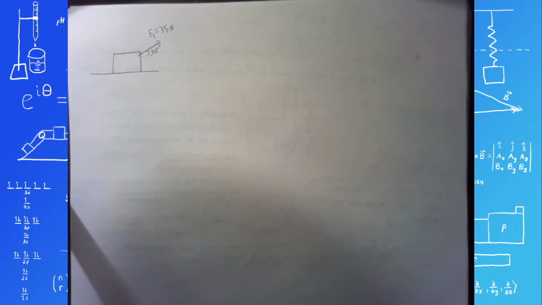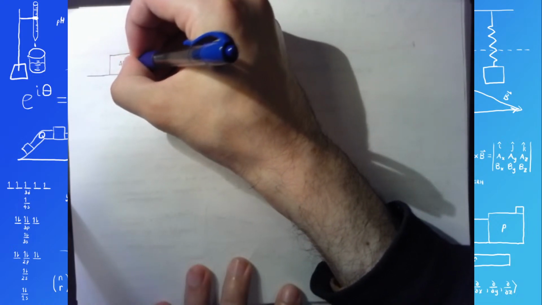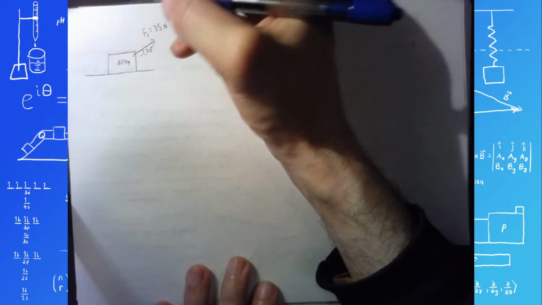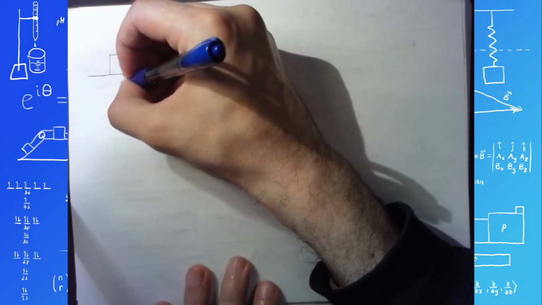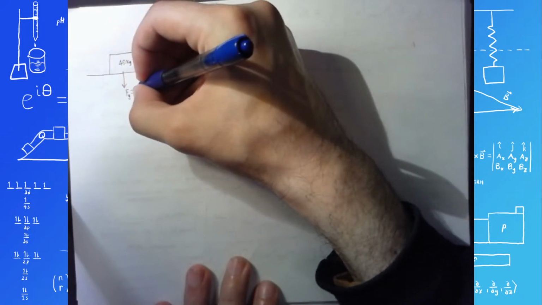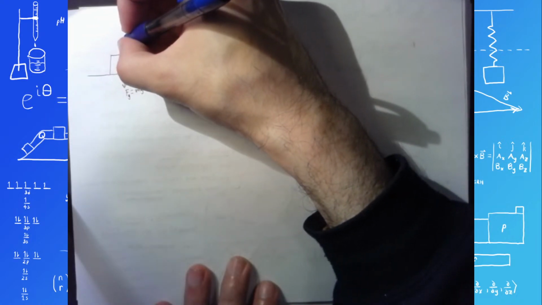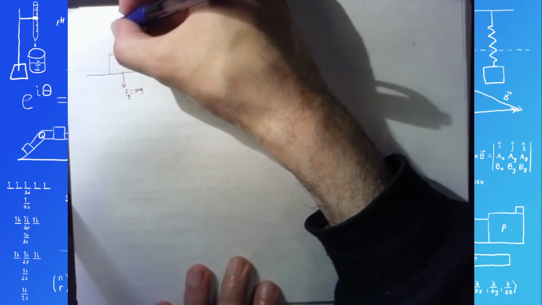And it was a 40-kilogram box. What other forces are acting on this thing? There would have to be a force of gravity is equal to mg, and there would have to be a normal force, which we need to calculate.